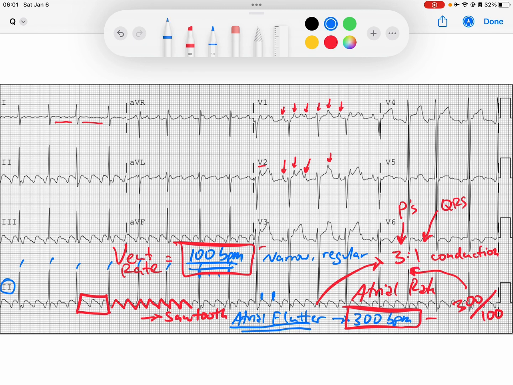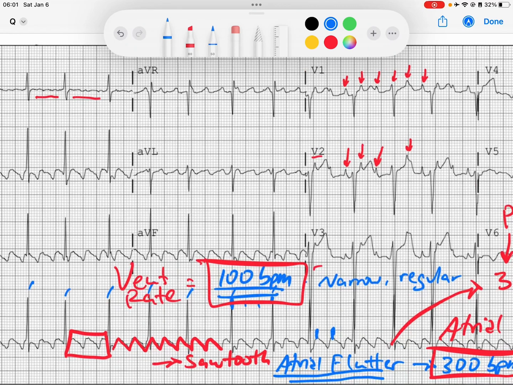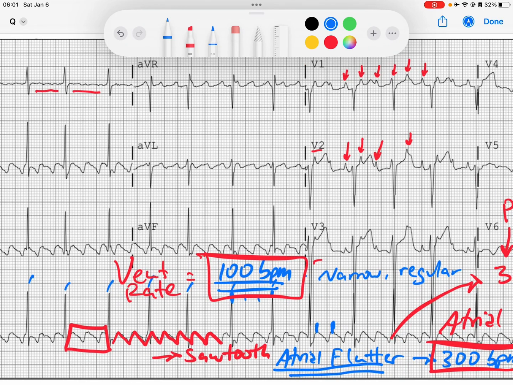I'm really just going through this thought process for you guys to really understand what to look for with atrial flutter. And so what you'll see is we'll start with this flutter wave. We've got one flutter wave, another flutter wave, and then this flutter wave conducts to a QRS, and now we've got 1, 2, 3 with a QRS.